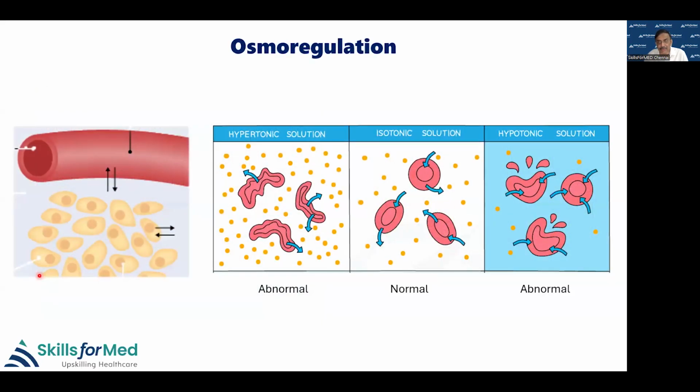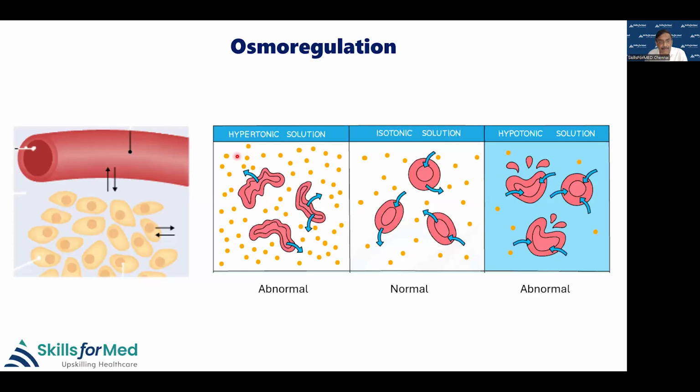As I told you, the cells are bathed in interstitial fluid, and this interstitial fluid can sometimes become hypertonic if the salts become more. Sodium, potassium, commonly sodium and potassium, but others very rarely, magnesium and phosphate and other things.